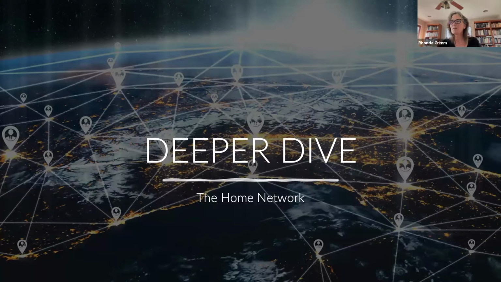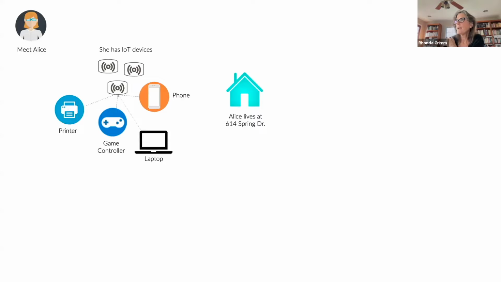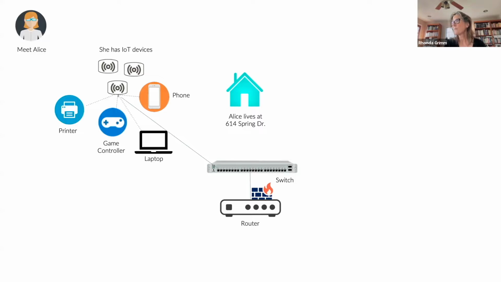So let's look at how it applies to the home network. Take Alice again. Alice lives at 614 Spring Drive. She has a lot of IoT devices. She's got her printer, game controller, her phone. She's got a wireless network, and the APs probably plug into the switch, at least one of them.